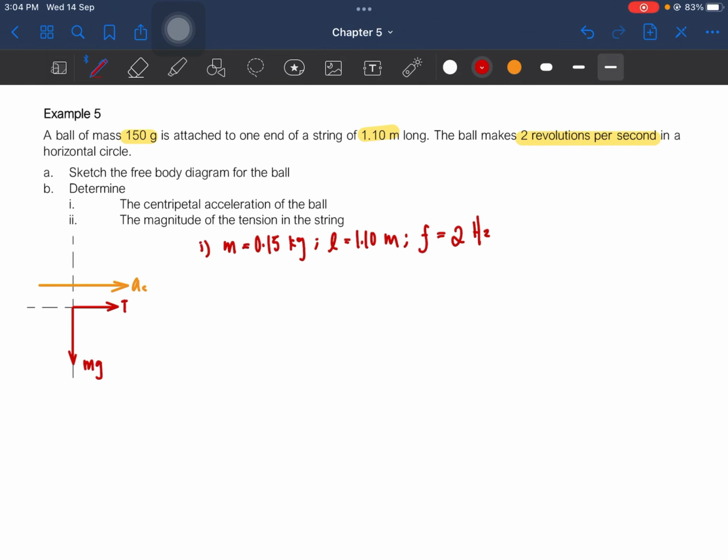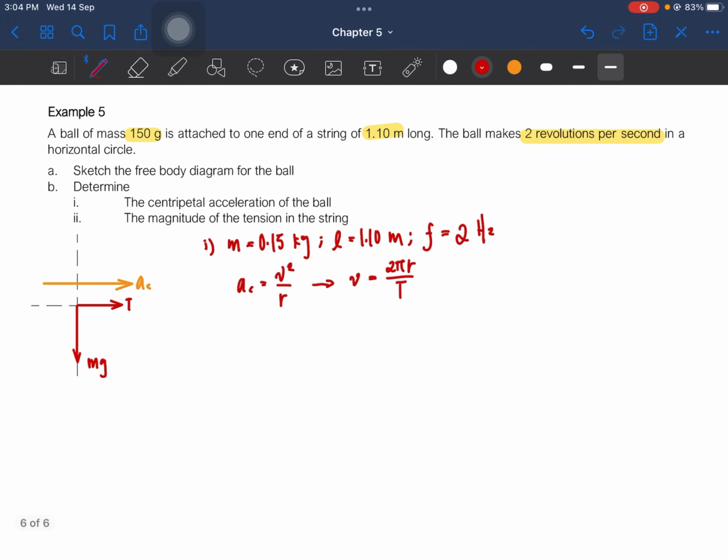And then we can then calculate the centripetal acceleration by using v square over r. Tapi sekarang ni kita tiada nilai v. So we have to find v. We are gonna use 2 pi r over t. Itu yang kita akan guna. Okay, so lepas tu macam mana pula kita relate dengan frequency? We know that f is equal to 1 over t.